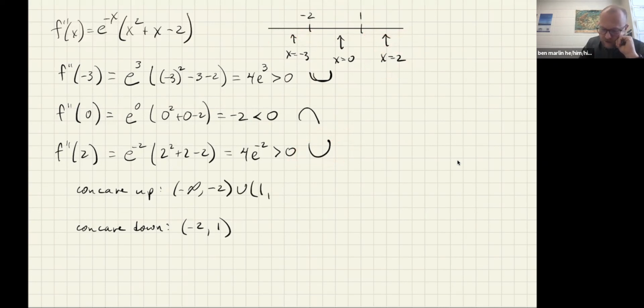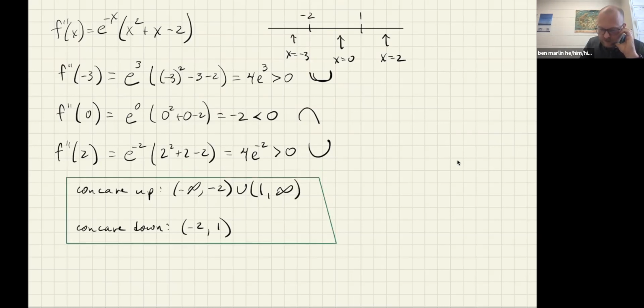So +1, infinity. If you want to write positive infinity to just help you remember it's positive, that's fine. But that's really what we're looking for as an answer here. All right.